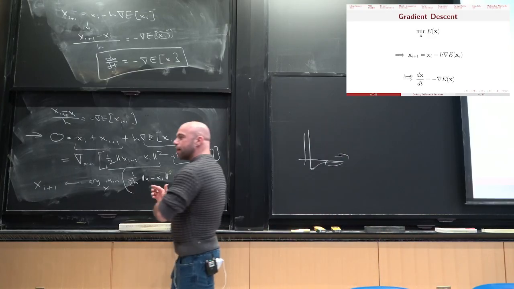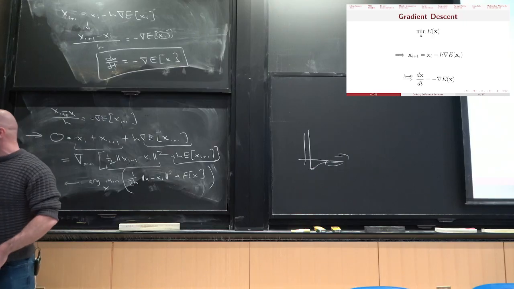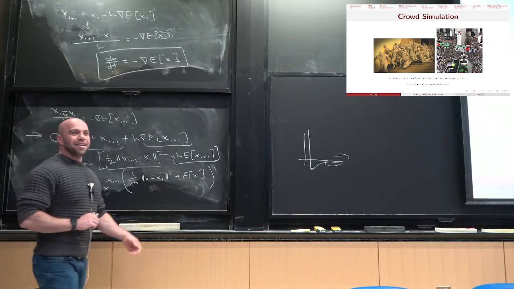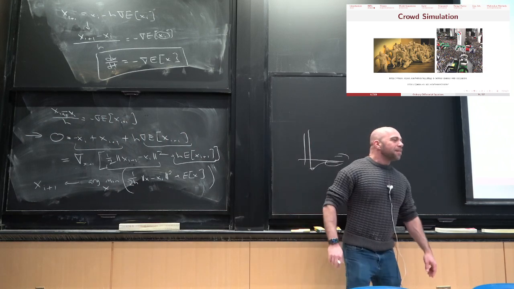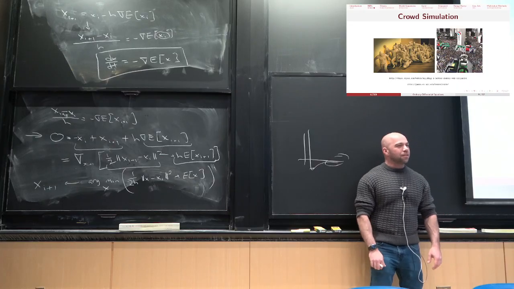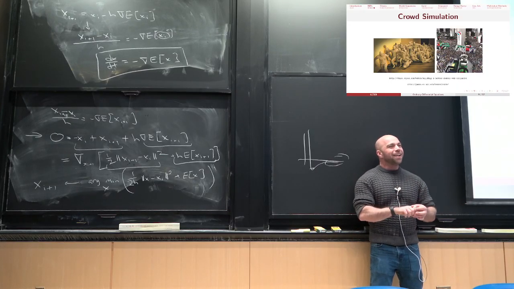Okay. In case you're not convinced enough that differential equations are important, there are so many other domains. Another one that is close to my heart, because I used to work in a movie studio, is crowd simulation. So here, your vector x is probably like the positions and poses of all the different characters in your video game or your movie.